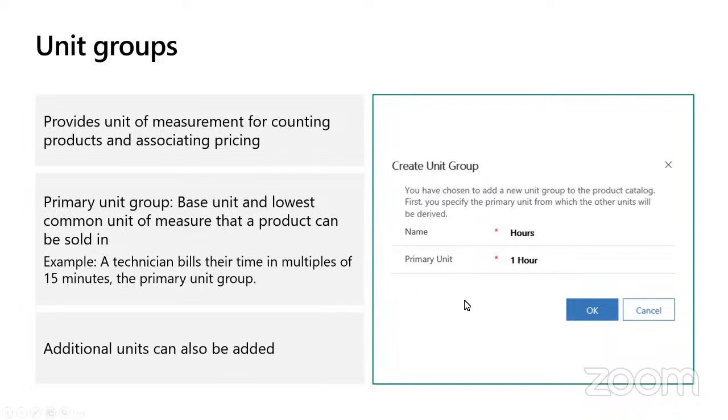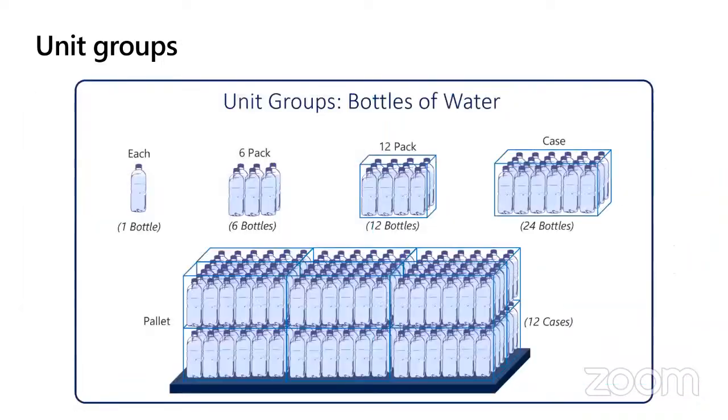So that's how it works, and that's the concept behind the units and the product units. And here on the slide, if you notice, we've got unit groups, which is bottles of water, and each unit is one bottle.